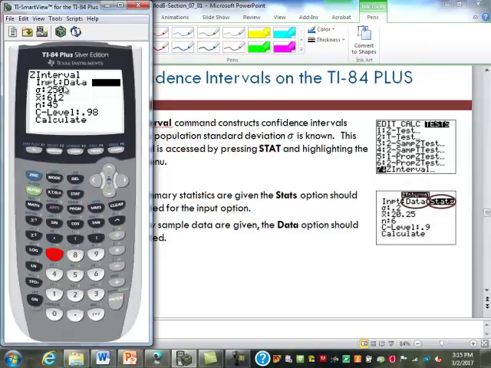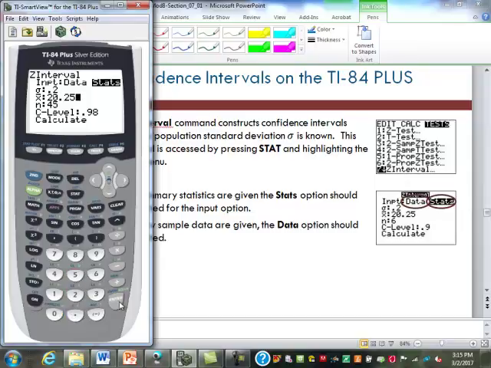If you don't have all the data put into that list, then you go to stats. Let's say you know the mean of the sample and stuff like that. Then you'd use stats. So for that last one we did, we know that the population standard deviation was 0.2. The sample mean was 20.25.